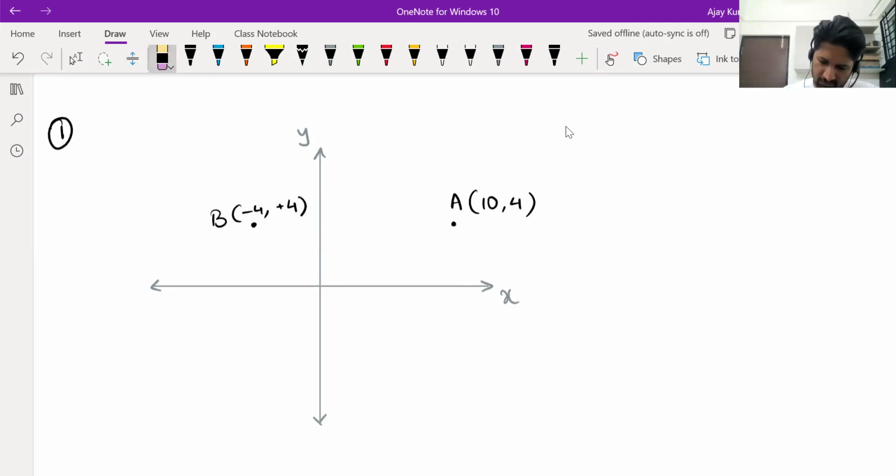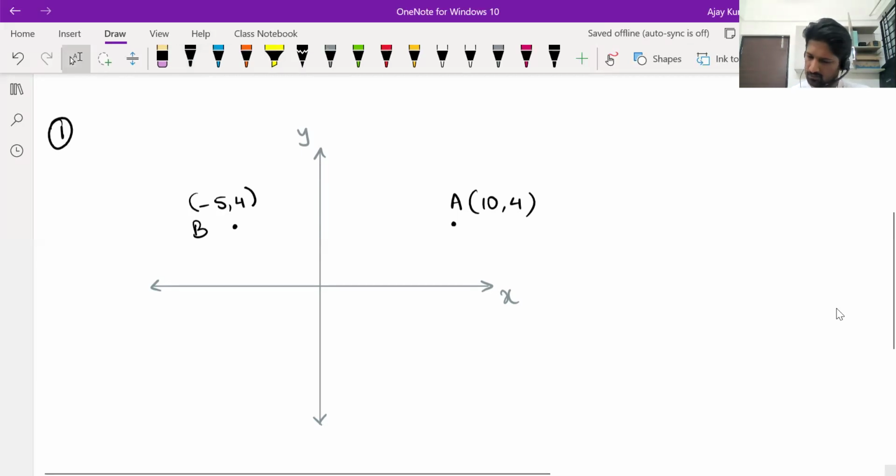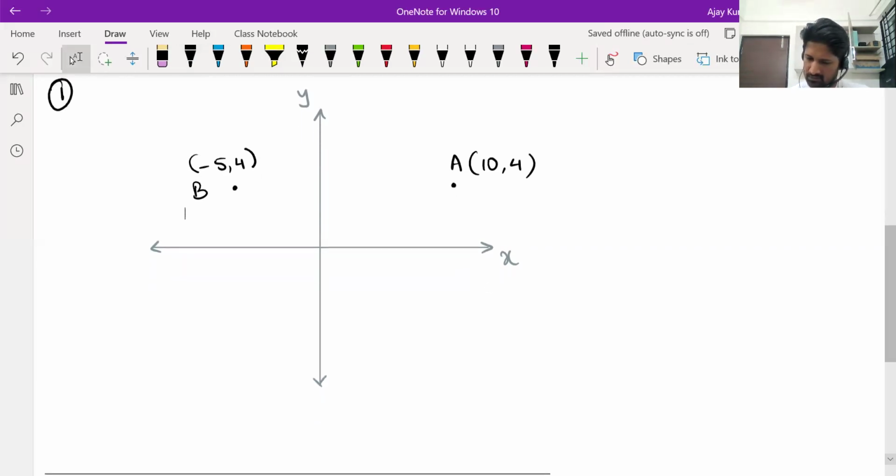Fine, take this as -5 comma +4. So let's say there's an object, it starts from A and then goes to B and finally goes to C. Okay, let's take C somewhere in the 3rd quadrant.